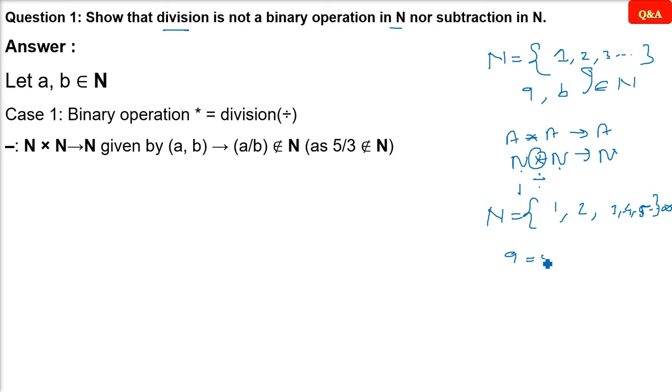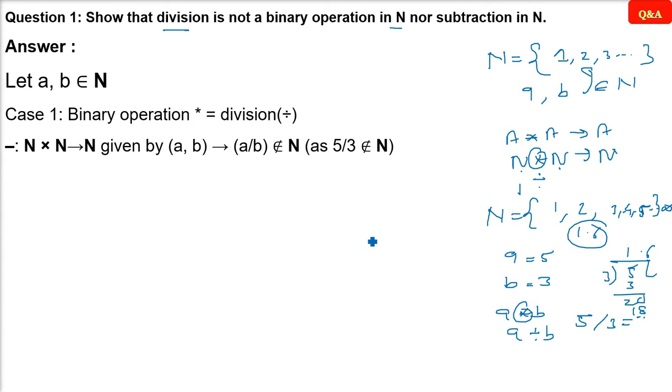You can also take A as 3 and B as 5 and prove it there as well. So A divided by B, that is 5 divided by 3: 3 ones are 3 and you get remainder 2, then 20 divided by 3, 3 sixes are 18, so 1.666 comes. You get a decimal value, which is not a natural number. So division is not a binary operation in N.